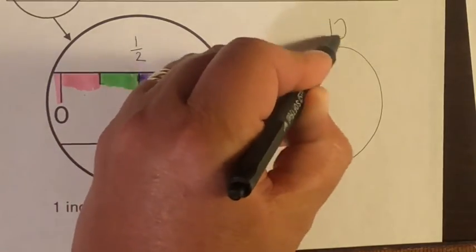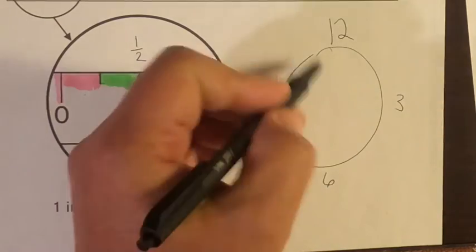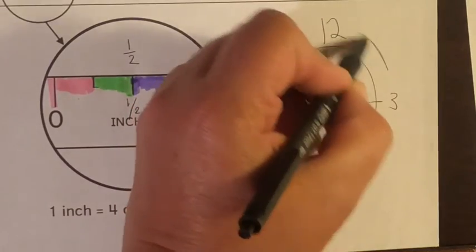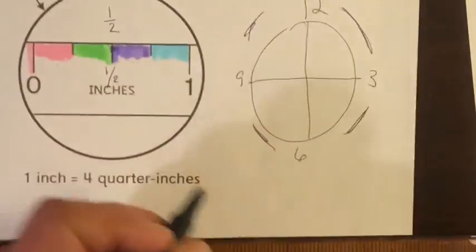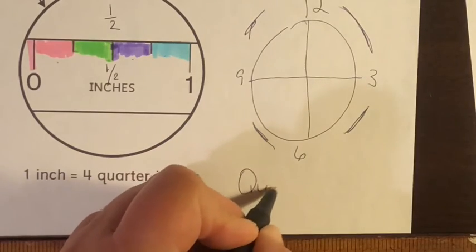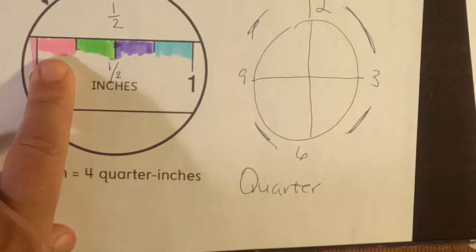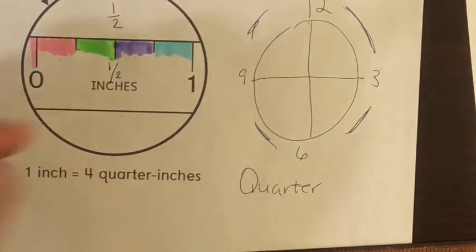You know, we have 12 o'clock, 6, 3, and 9, those 4 sections in our clock. We said each section we call a quarter. So what do you think we're going to call this section in between these 4 sections? You got it. Each section is a quarter.